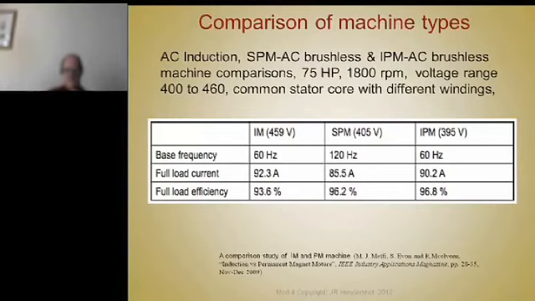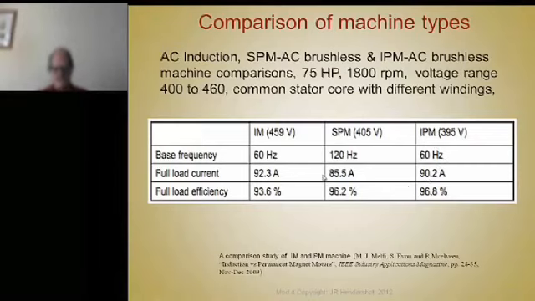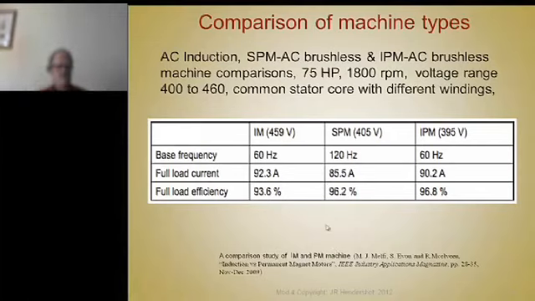Induction motor right here, a surface PM, and an IPM, and this is one of the few studies of this I've ever seen. So I think this would be useful for all of you that have this question in your mind. You can see what the full load currents are and the full load efficiencies are, and the base frequencies.